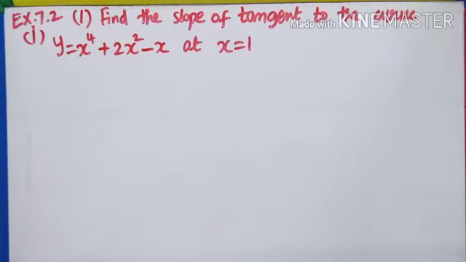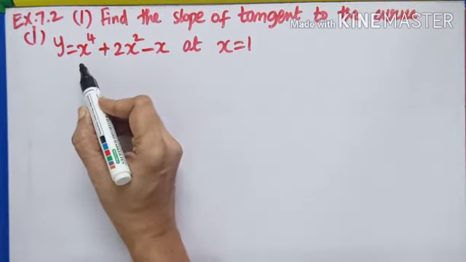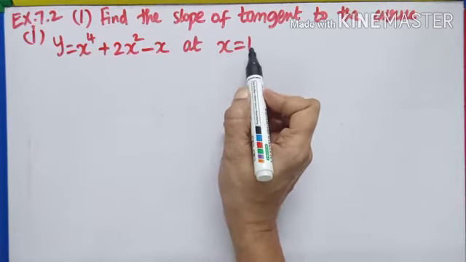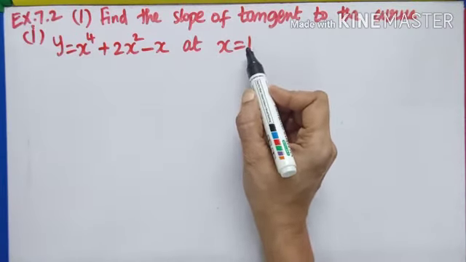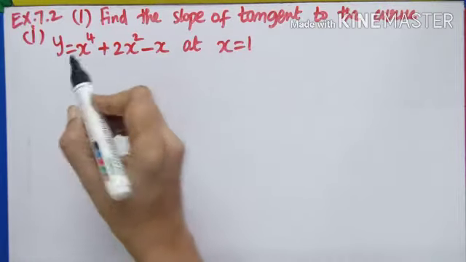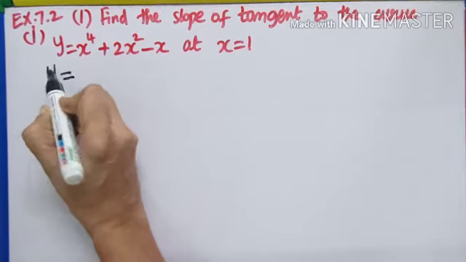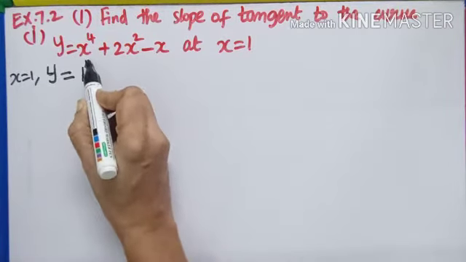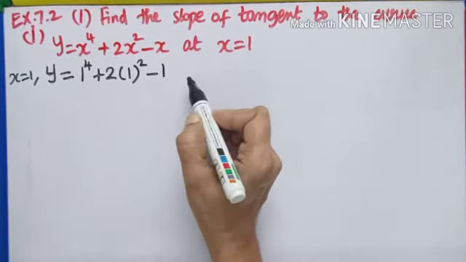Exercise 7.2, question number 1. Find the slope of tangent to the curve. See, they have given x is equal to 1. When I find the tangent, I need the point. So, if they give you x, you find out y by substituting here. y equals, when x is equal to 1, it is 1 power 4 plus 2 into 1 square minus 1.